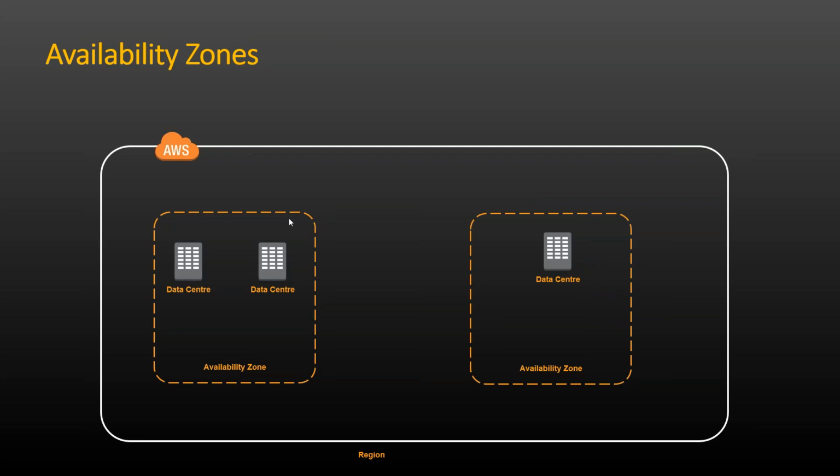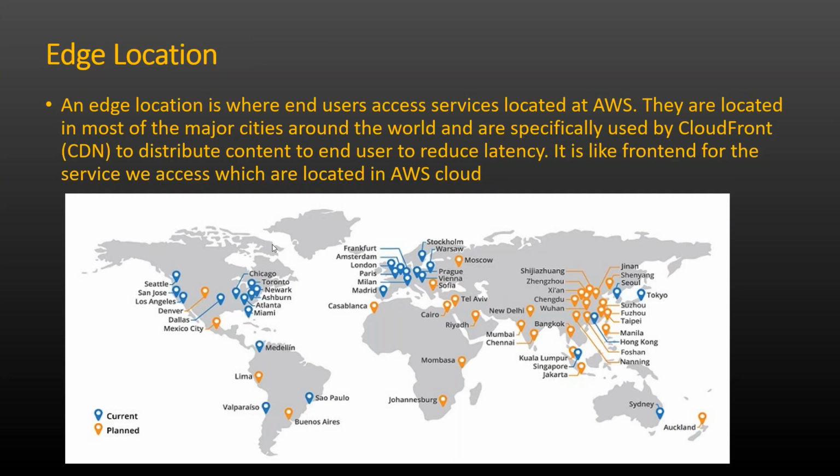So this is how the global regions and availability zones work, guys. And apart from this, they also have the concept called edge locations. Have you heard about content delivery networks before, guys?